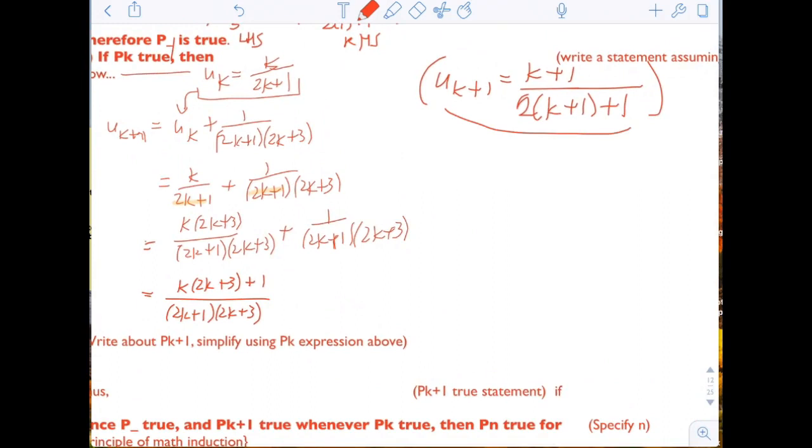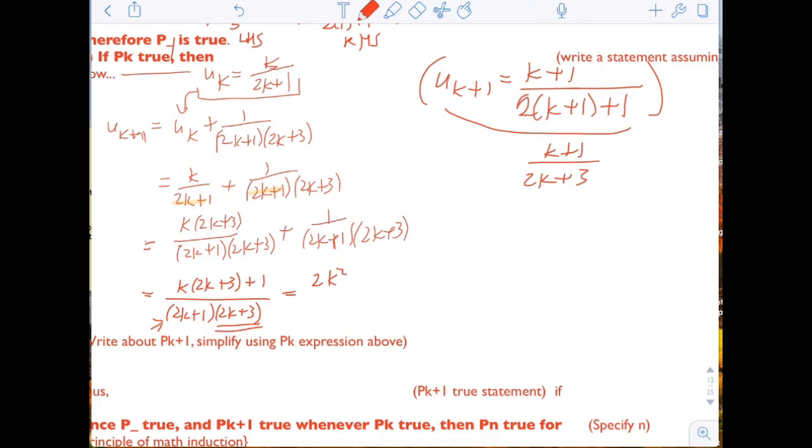Are we close to that? This is basically k plus 1 on top and 2k plus 3 on the bottom. That gives me a goal. I want to keep that and get rid of that. So can I arrange the top so that it's factored out with 2k plus 3? Let's multiply out the top and see what we get.